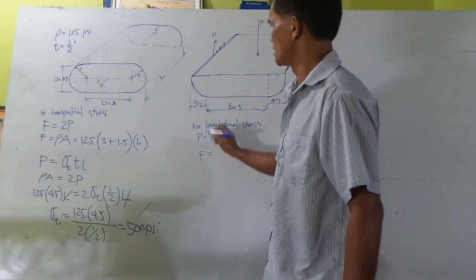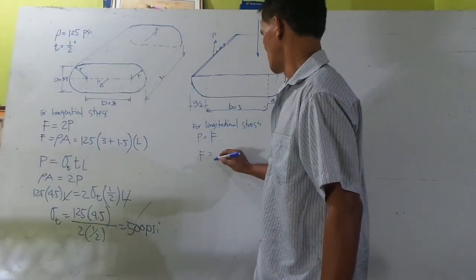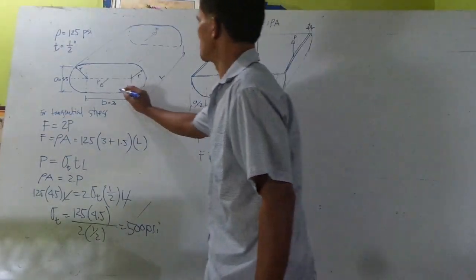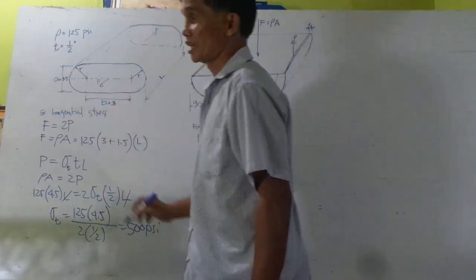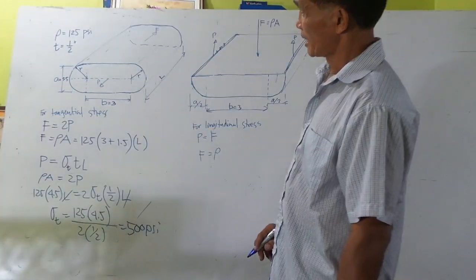So F, considering this area, is for the longitudinal stress, and the earlier one was for the tangential stress. Here F is equivalent to the unit pressure times this area.